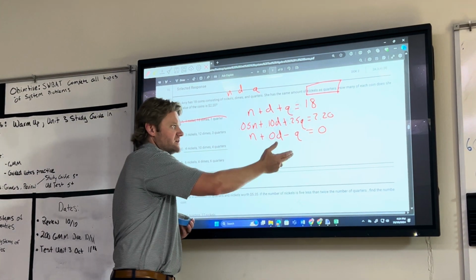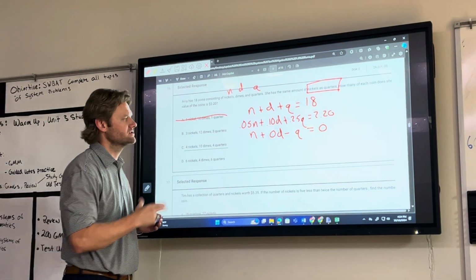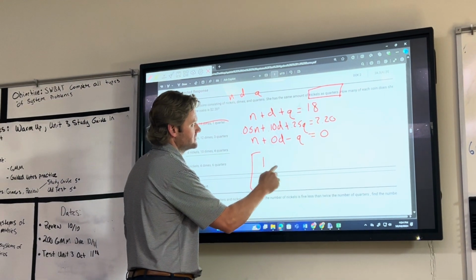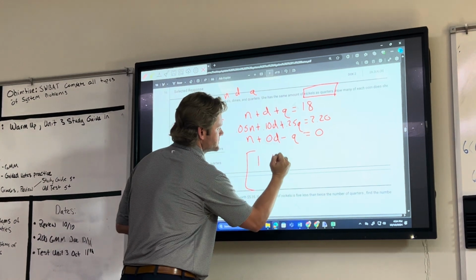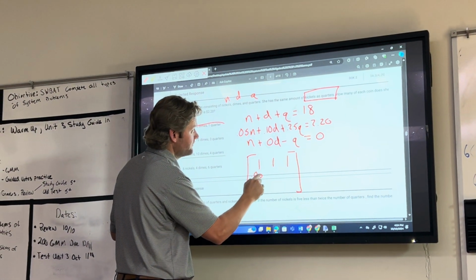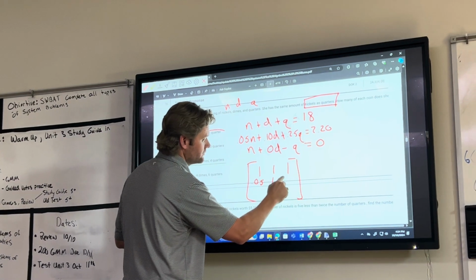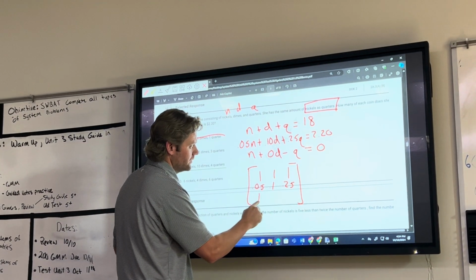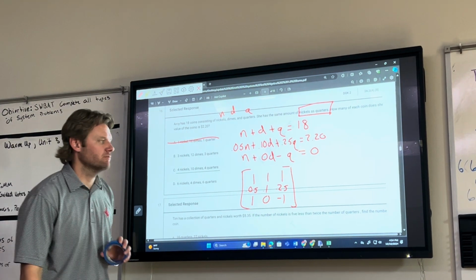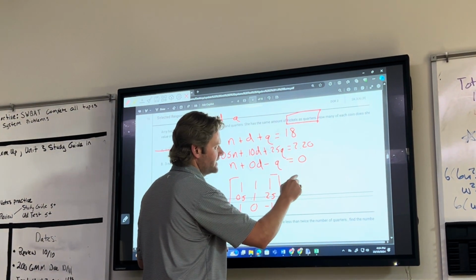But the best way to do it is to put those in the matrices. Now you can't have decimals in your matrices. So this would look like this: 1, 1, 1, 0.05, 0.1, 0.25, 1, 0, negative 1. Make sure your matrices does indeed look like that.